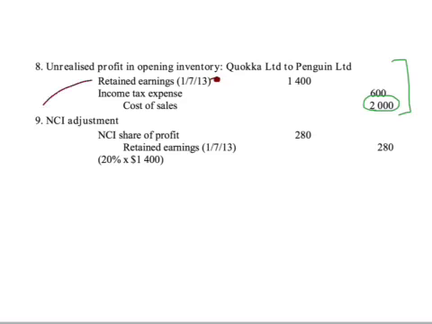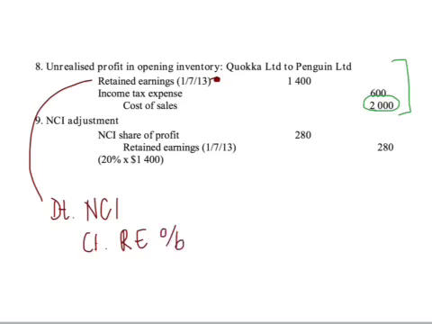So that first part would then be to say debit our NCI to reflect the fact that their share in the opening retained earnings is less, credit the retained earnings opening balance with 280, 20% of that movement in the retained earnings.